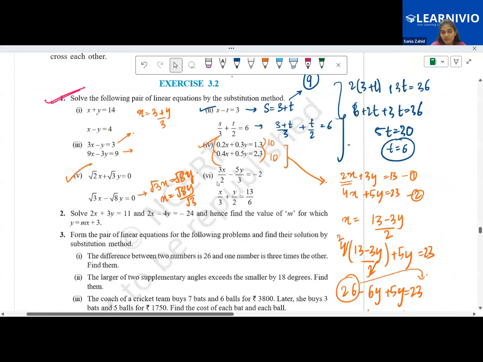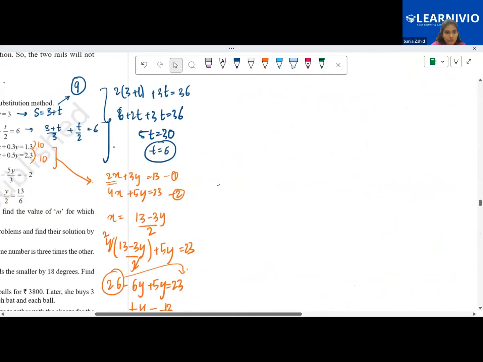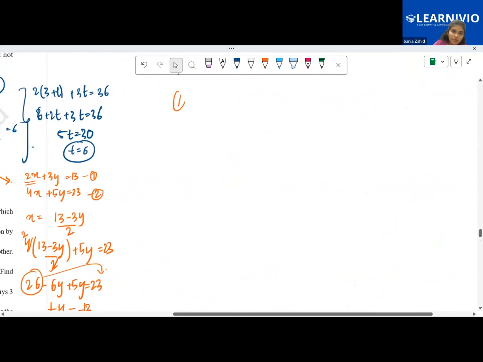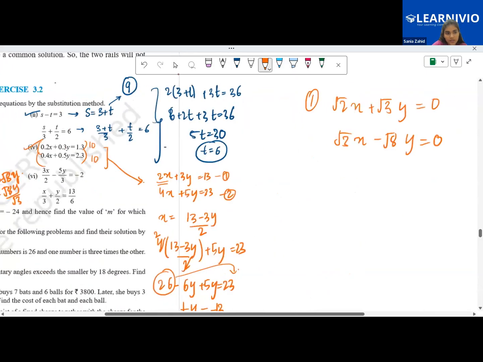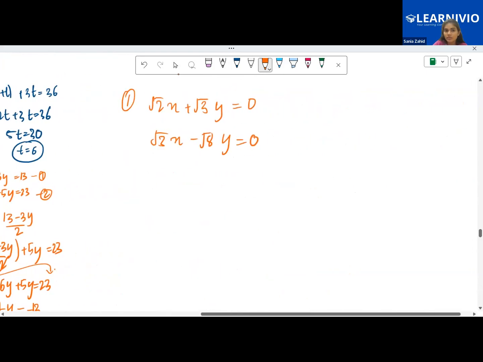Root 3 by root 2. Wait, I'll solve it over here. These are the equations. This is the first equation, this is the second equation. From the second equation, I'll calculate the value of x.